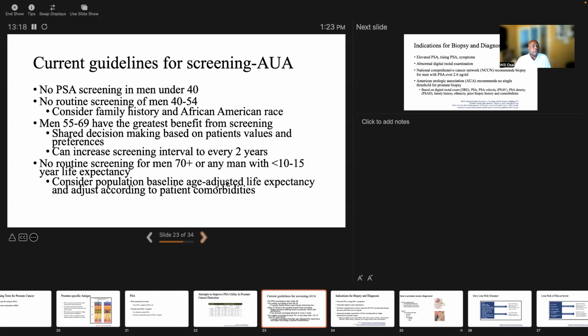For men between 55 and 69, prostate cancer screening is recommended. However, this has to be a shared decision between the patient and the physician. For men over 70 or maybe 75, no routine screening is recommended. Also, for men with a life expectancy of less than 10 to 15 years, screening is not recommended.